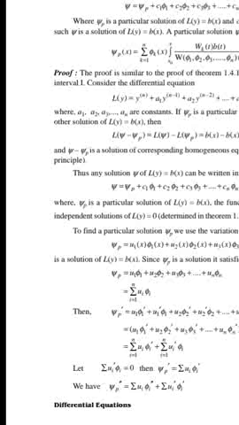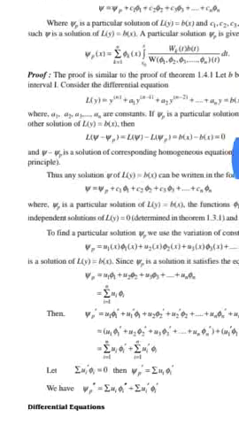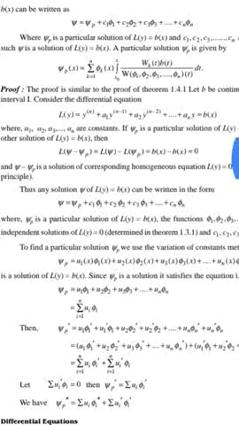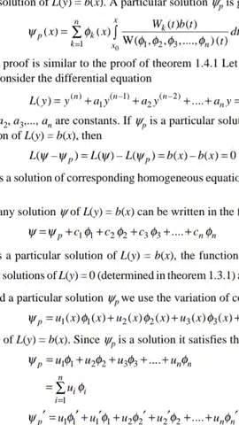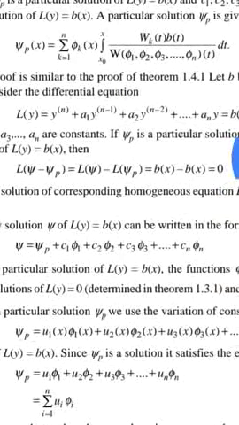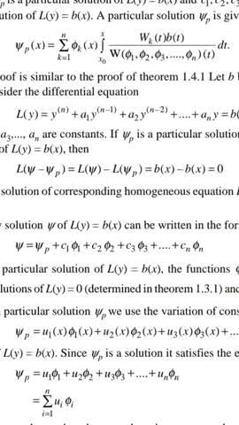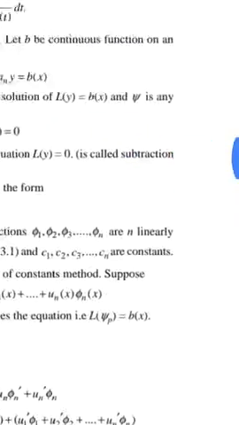Every such psi is a solution of L(y) = b(x). A particular solution psi p is given by psi p(x) = summation of phi k(x), k = 1 to n, integral from x naught to x of w k(t) b(t) divided by w(phi 1, phi 2, ..., phi n)(t) dt.